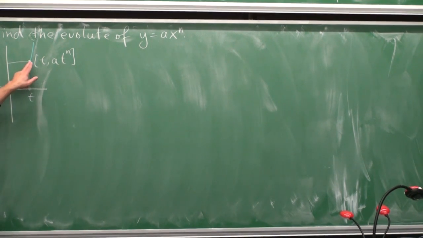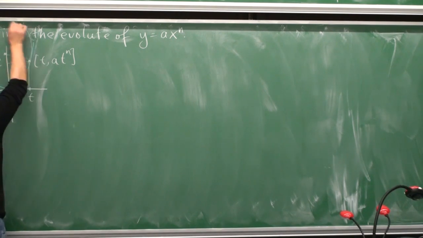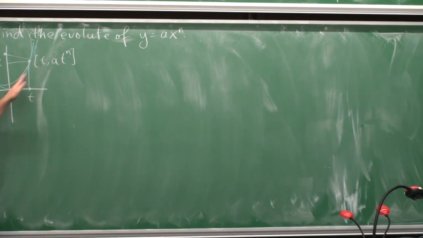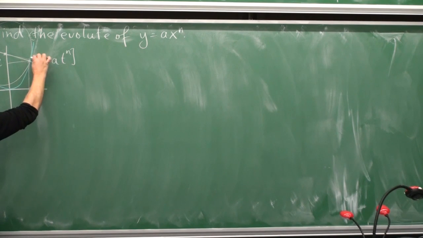So what we'd like to do is find, in terms of t, where the associated center of curvature is. That's the center of the osculating circle that best approximates the curve at that point. Or, another way of thinking about it, it's the place where adjacent normals meet.